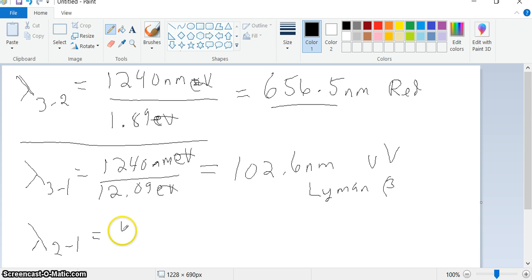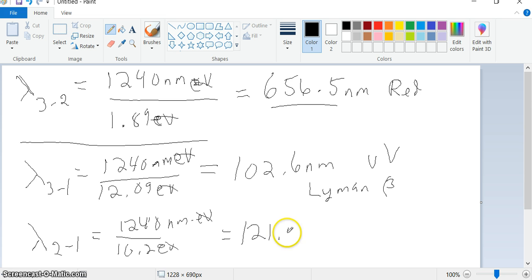So this is just 1240 divided by 10.2, and of course this is nanometers times electron volts, and the electron volts cancel. This number comes out to be 121.6, is that right? Yeah, 121.6, and so this is also in the ultraviolet.